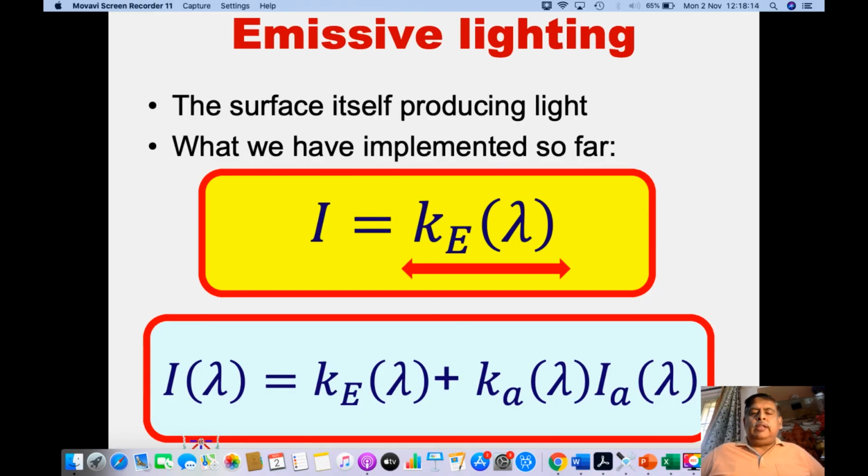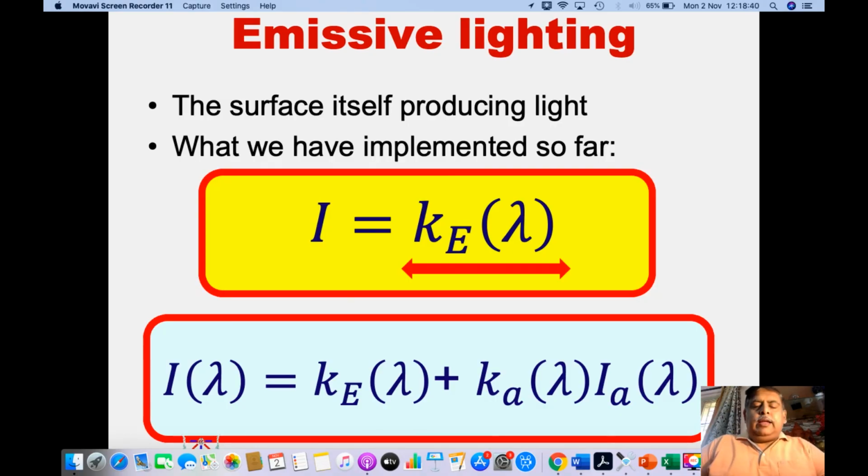So the position of the light source or the position of the camera is not important. This can be produced in the world coordinate and does not depend on the camera position at all or the position of the light source.